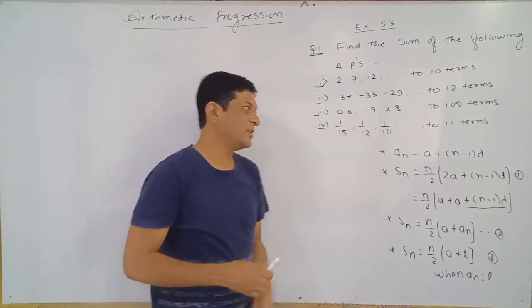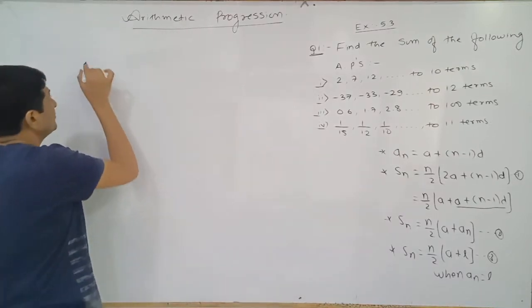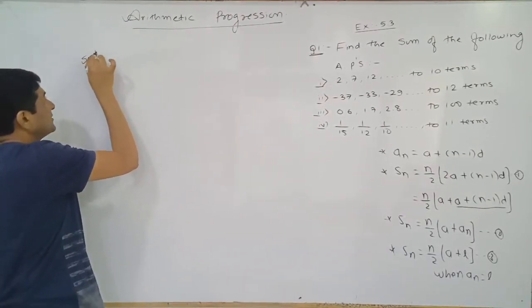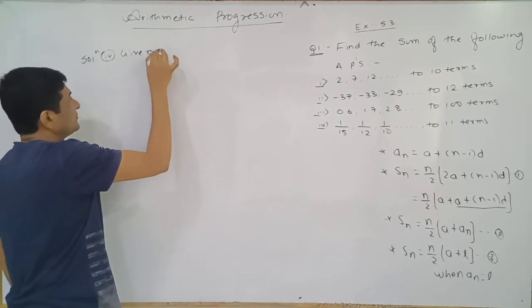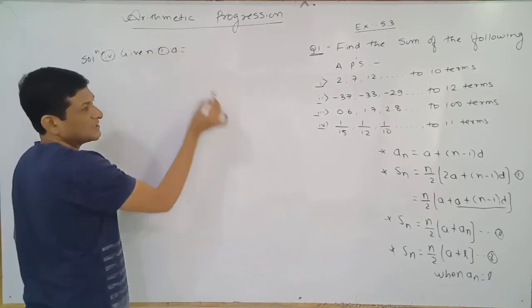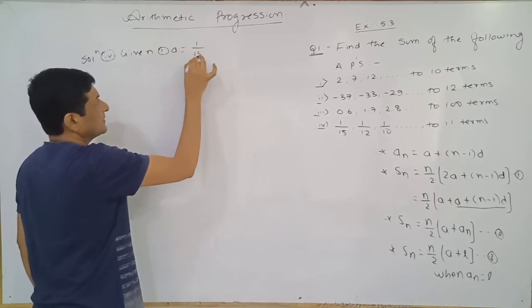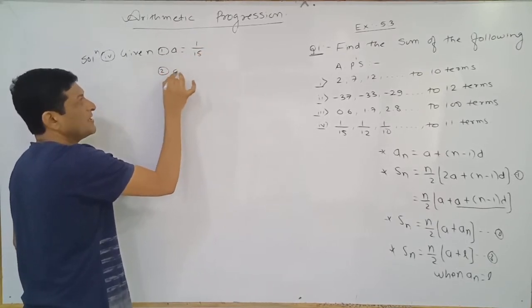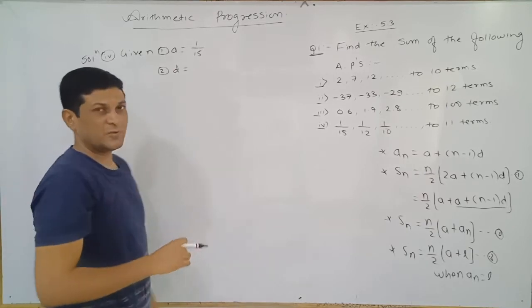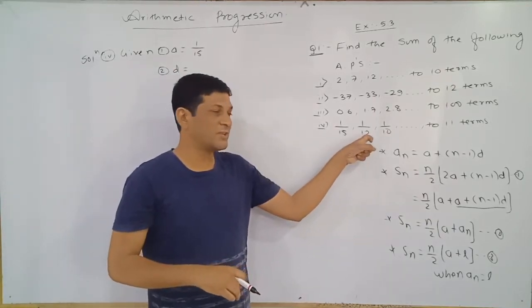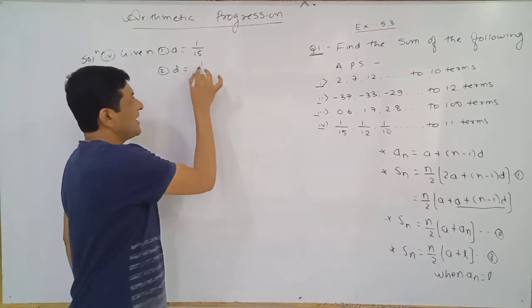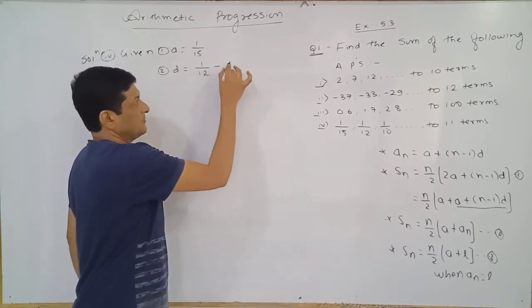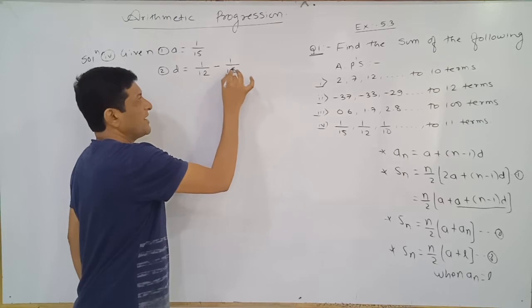So again observe the given conditions in example number 4. So let us try to solve example number 4. Here it is given to us that the first term in the arithmetic progression is equal to 1 by 15. Now we are finding the common difference. D is equal to. While finding the difference, we take the difference of any term from its previous term. So take the difference of 1 by 12 with its previous term, which is 1 by 15.